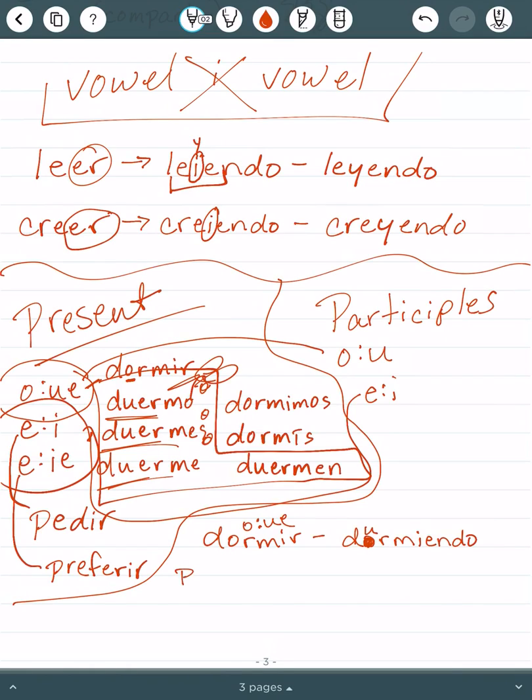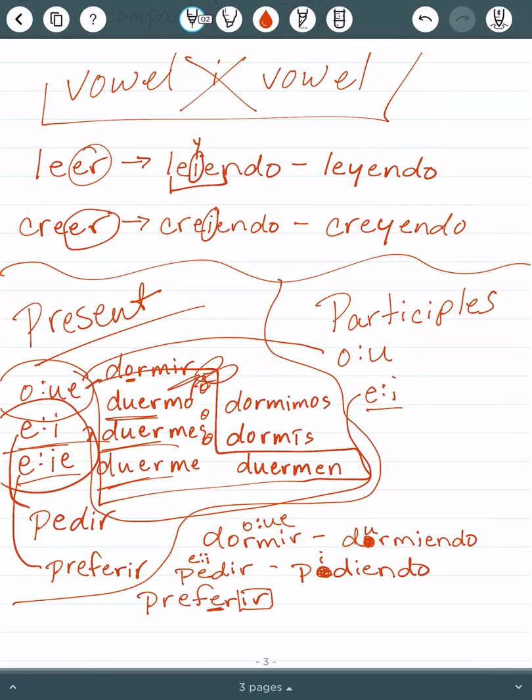Same thing with pedir. It's an E to I, so it's still an E to I as a participle. It should be pediendo, but it's not. Because it's a stem change verb, we are going to leave that as E to I. And then preferir. First off, remember it's always the second E after you take off the ending.